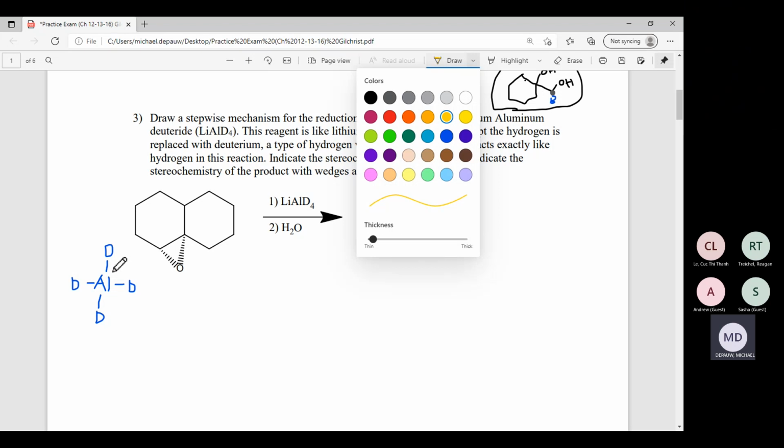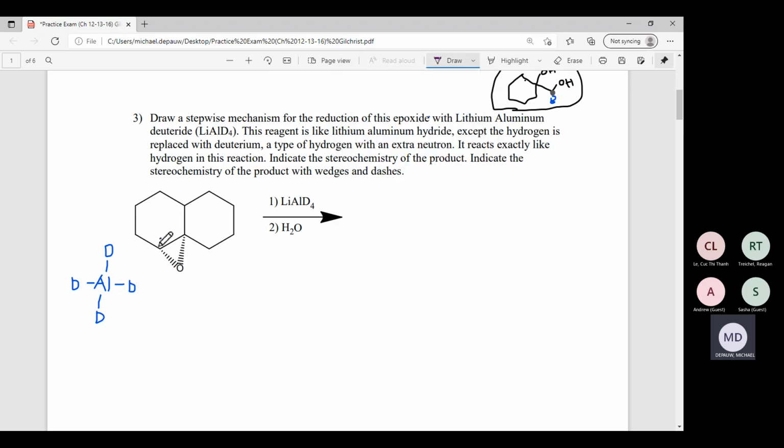So this is going to come in, and it's going to attack which position? Is it going to attack A or B? What do you think?